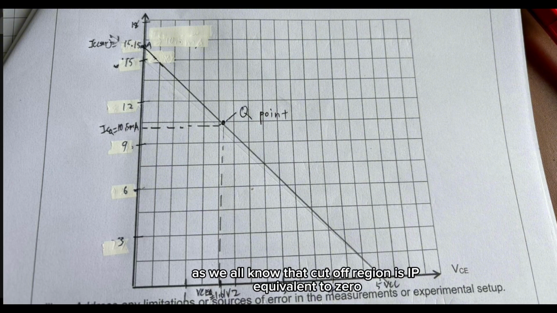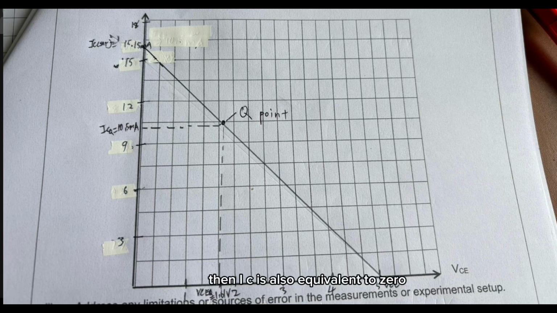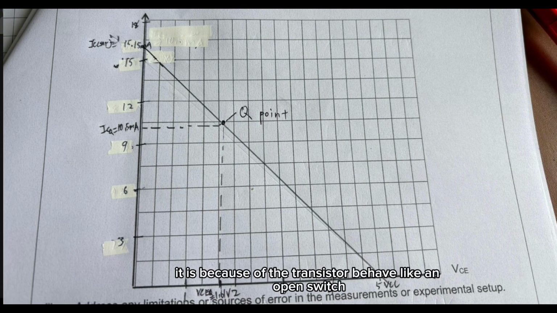As we all know, in the cutoff region IB is equivalent to 0, then IC is also equivalent to 0, because the transistor behaves like an open switch.